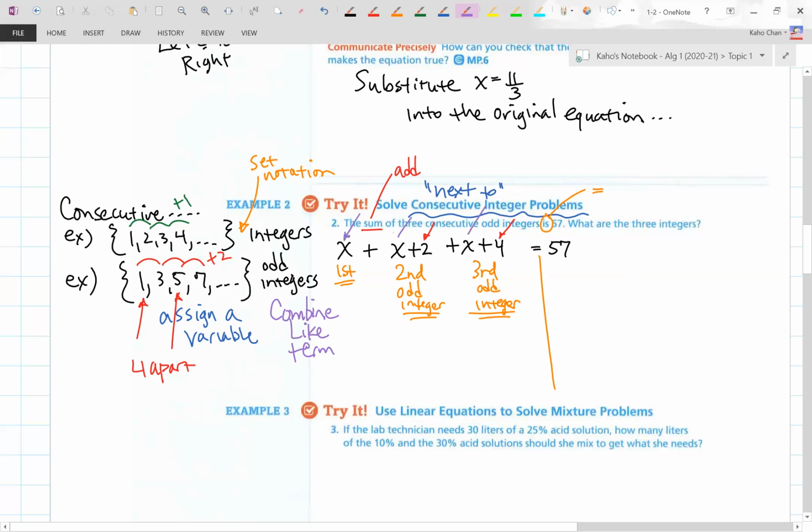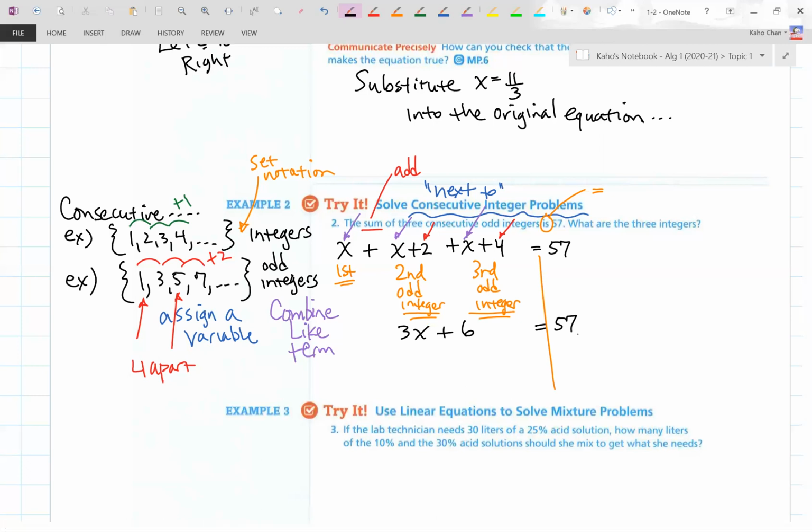Those can be combined together. How many are there? Well, Mr. Chan, there are 3 of them. So x plus x plus x is 3x. Then, of course, on the same side, I can combine the 2 and the 4. 2 plus 4 is 6.